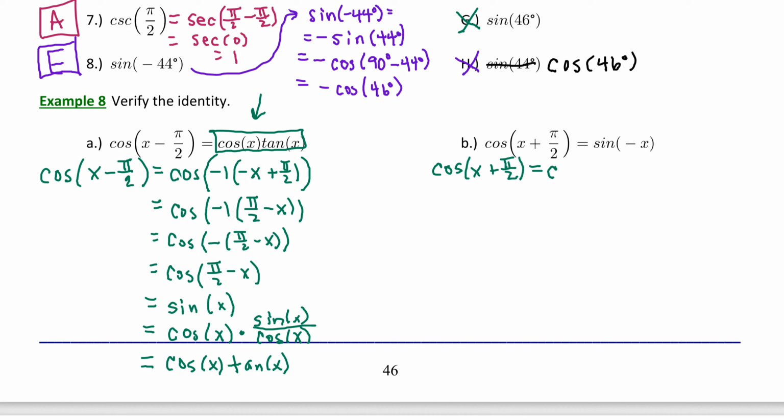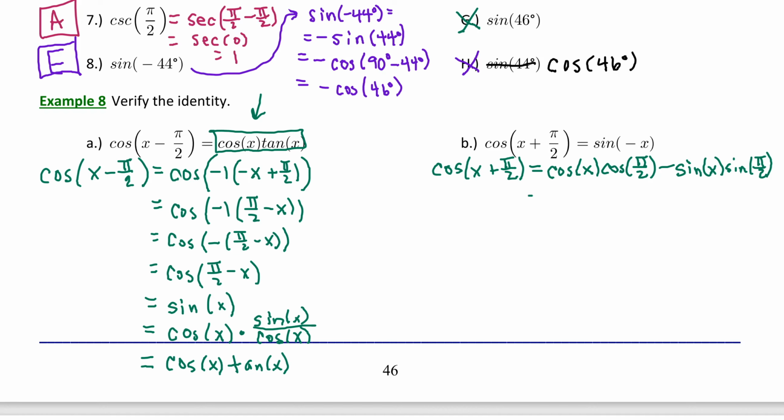Expanding this with our cosine of a sum identity, we can write this as cosine of the first angle x times cosine of the second angle pi over 2. And then remember, when you have a positive in the argument, it translates into a minus in the expansion. Then we have sine of the first angle x times sine of the second angle pi over 2.